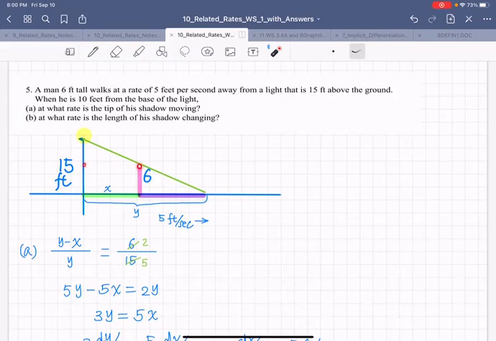This pink bar moves from here to there, to there, okay? This guy can keep moving. The tip of the shadow, if the person is here, the tip is here. If the guy is here, the tip is here. So if you draw a line connecting the light and your head, that gives your shadow's tip.